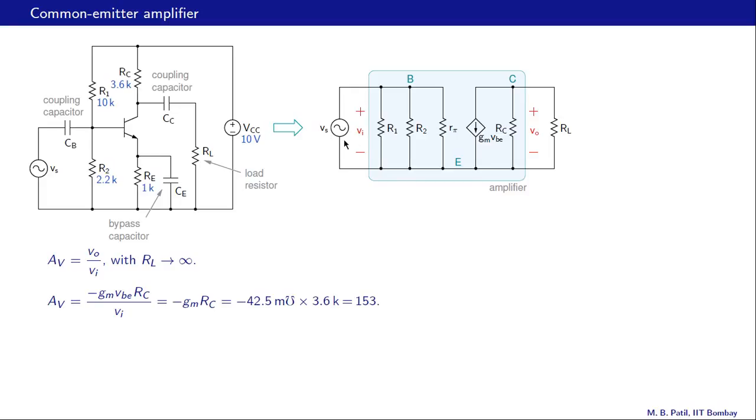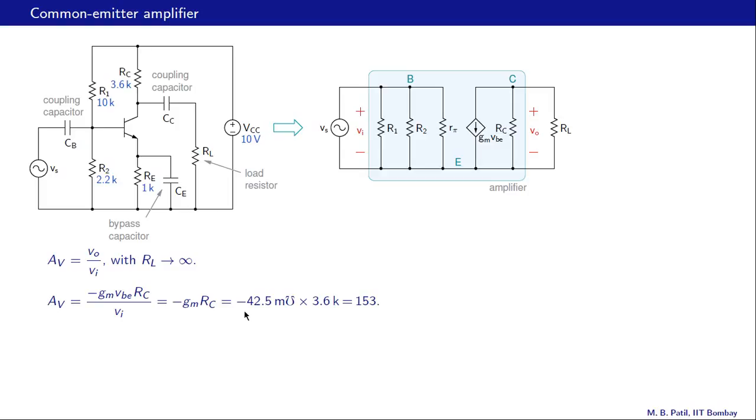And what is VO? VO is minus GM times RC, because RL is not there anymore. So AV is minus GM times RC divided by VI. And VBE, this voltage, is the same as VI, and therefore these two cancel and we get minus GM times RC.